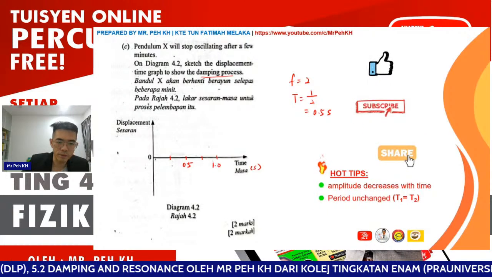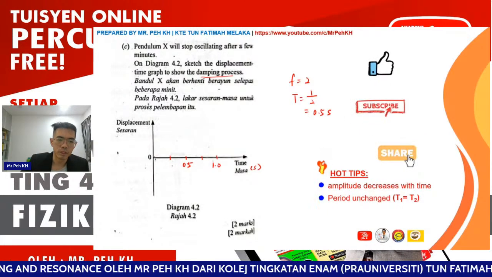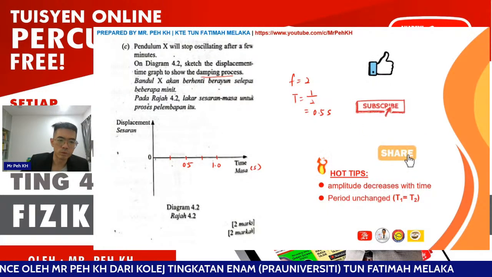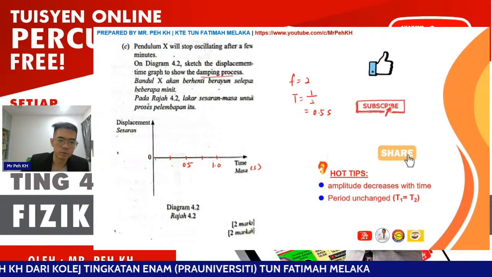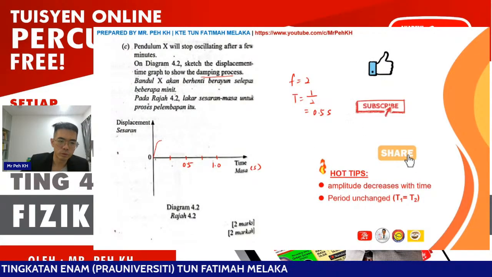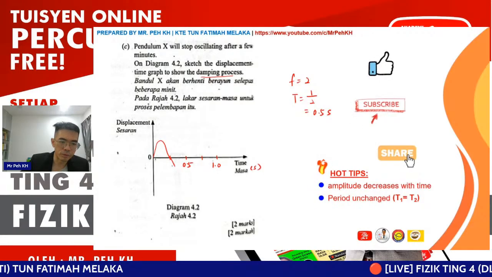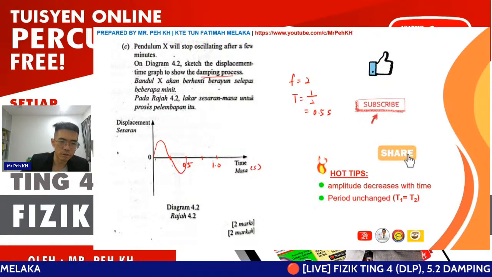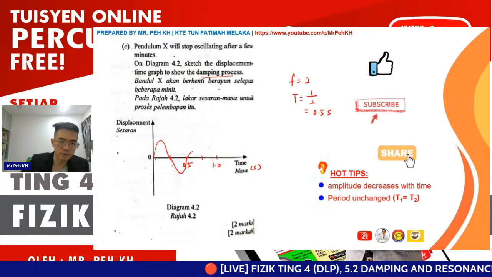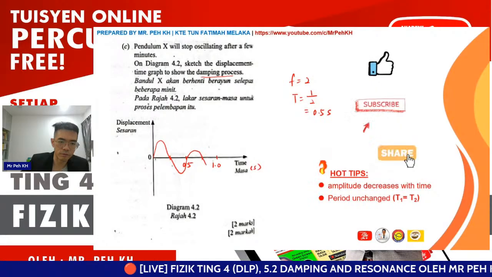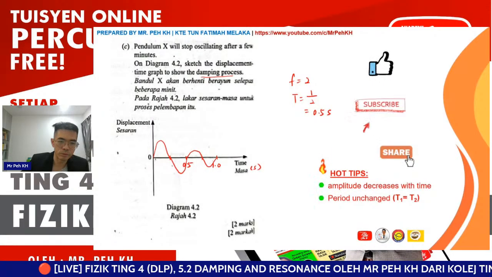Here will be 1.0. You have to give higher amplitude for the initial, then after that, showing decreases of amplitude.